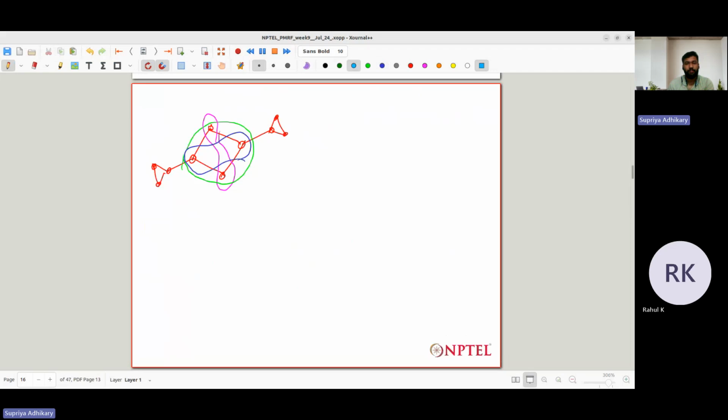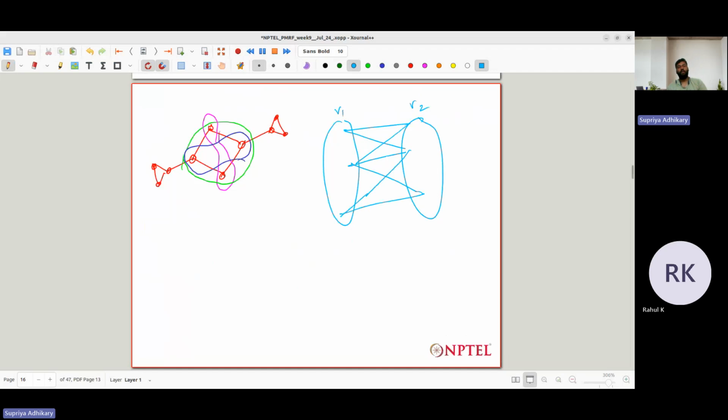So if we consider a bipartite graph like this, we have the V1 set over here and the V2 set over here, and this is a complete bipartite graph. That means that each vertex over here has an edge to a vertex over here, and vice versa. So now one vertex cut can be this set V1.